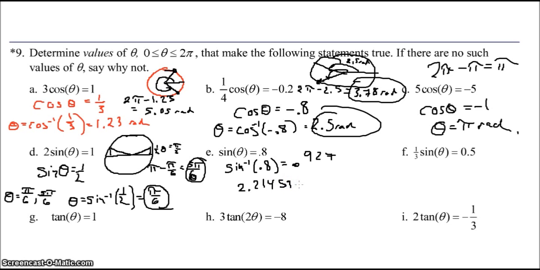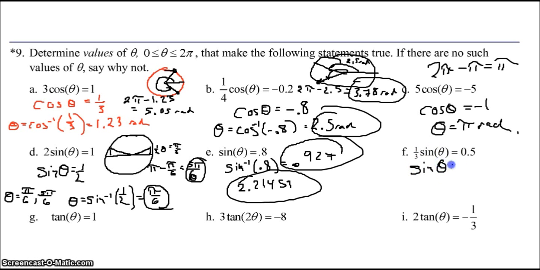We could check to make sure those work by taking the sine of each angle. Sine of 0.927 equals 0.8, and sine of 2.21459 also equals 0.8. So those are both correct.